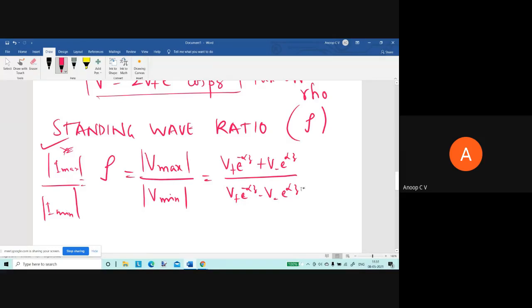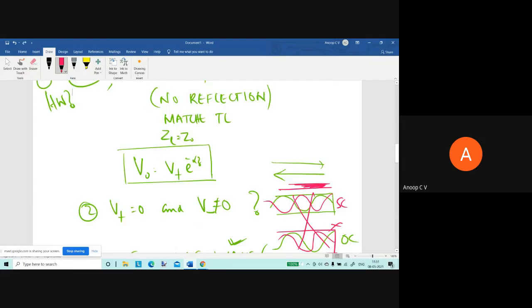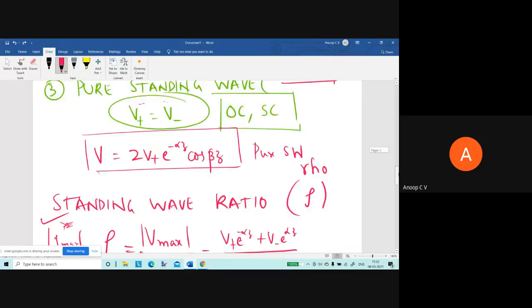Now, normally in the exam they ask you to obtain the expression for standing wave ratio in terms of gamma. What is gamma, the reflection coefficient? Sorry, excuse me.